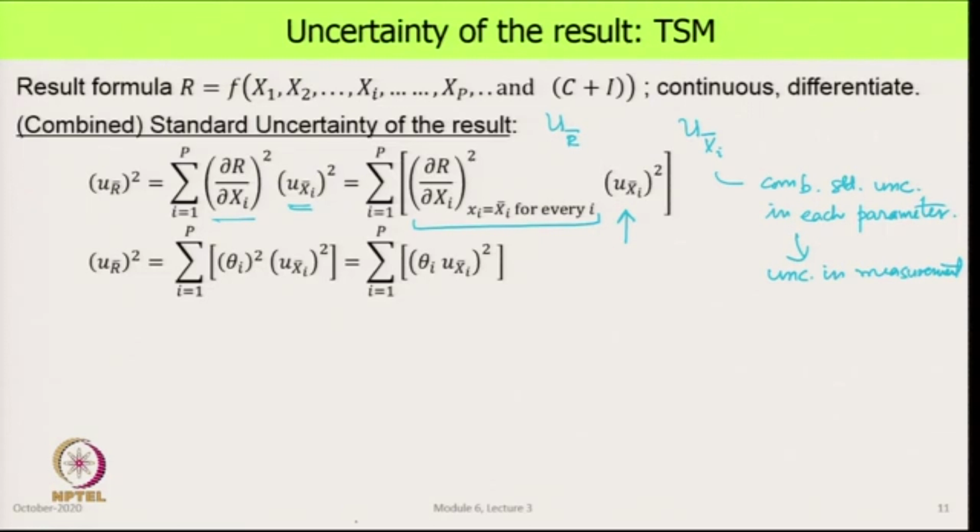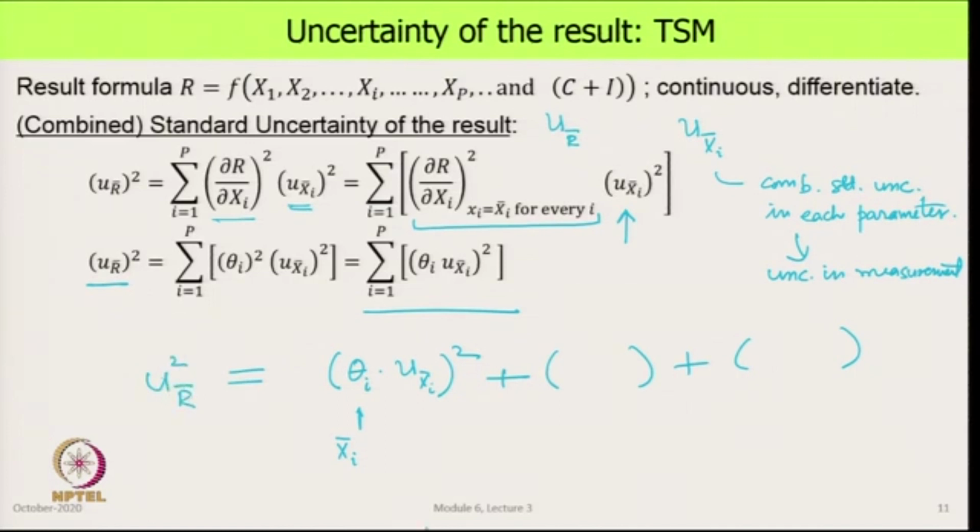And in terms of sensitivity coefficients, we can write that this is equal to here. So, what we have done is we say we calculate the value of theta I again at the all the xi bars multiplied by u x I bar, square the whole thing, add up for every term, and this is u r bar square, and this is given here in the formula relation over here, summation I equal to 1 to p theta I u x I bar.